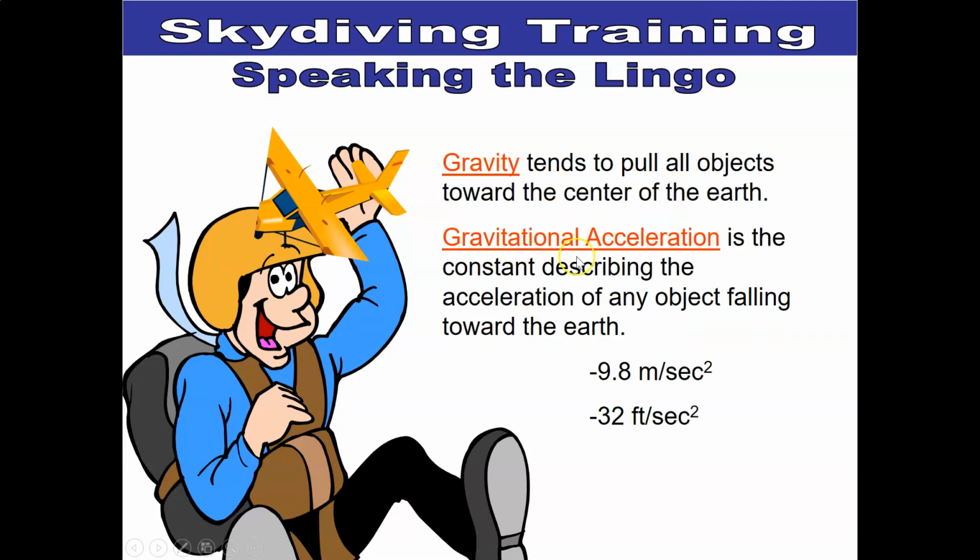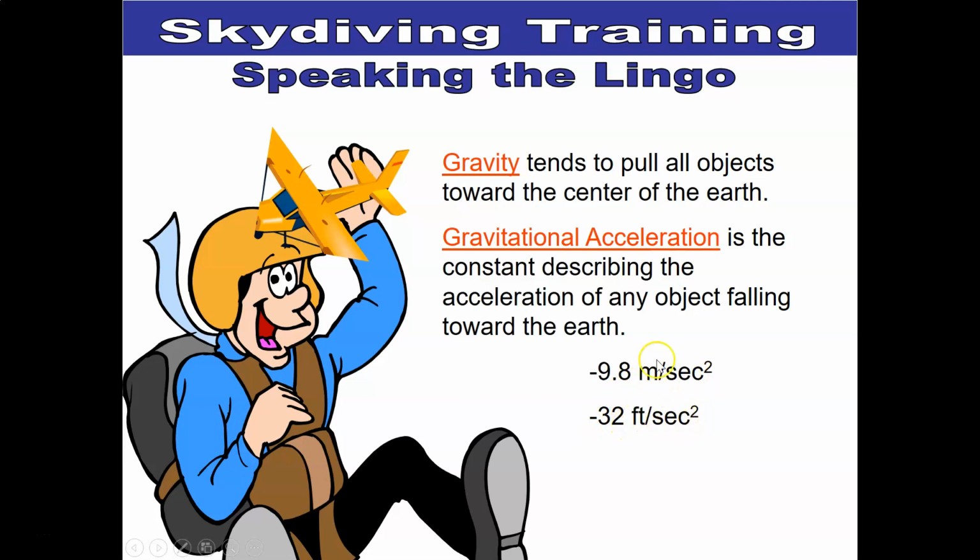Gravity, we all know what gravity is. Whenever you are doing projectile motion calculations, you are often going to bring in gravity because here on Earth there is gravity. So a couple of constants that you will need to know: that the gravitational constant is negative 9.8 meters per second squared, or negative 32 feet per second squared.